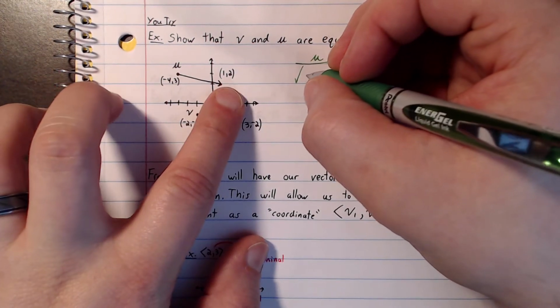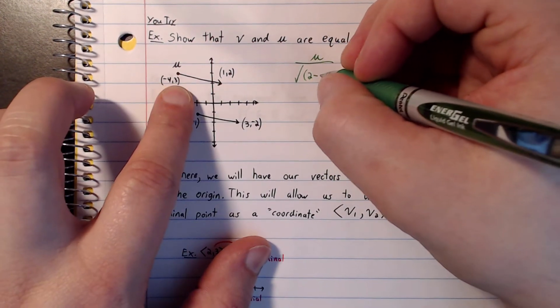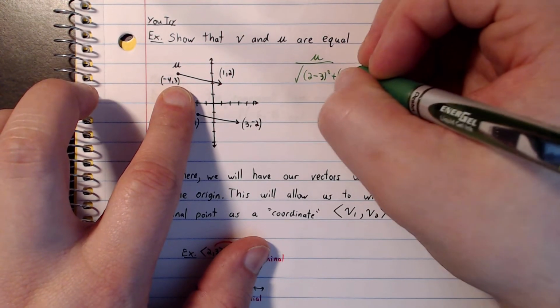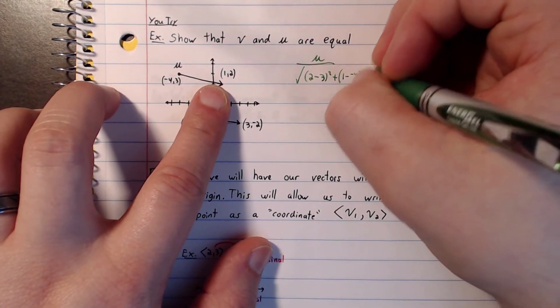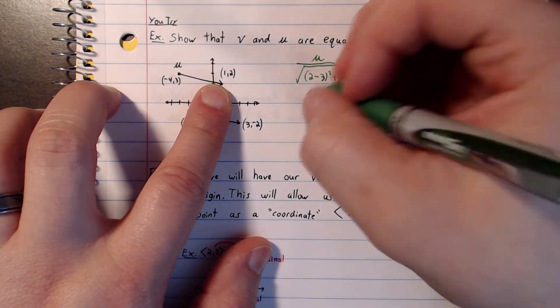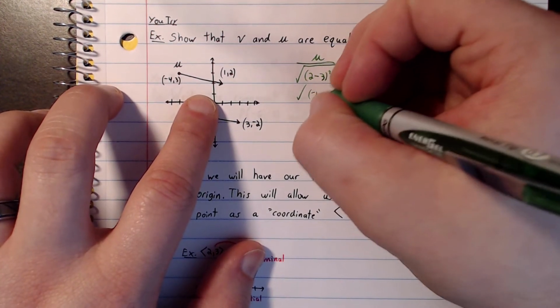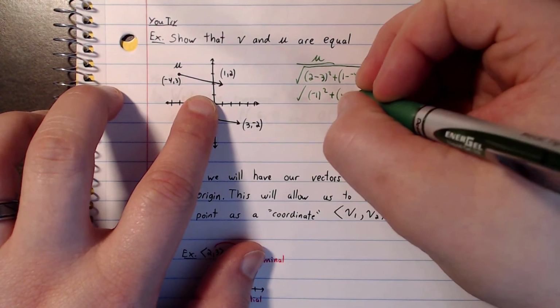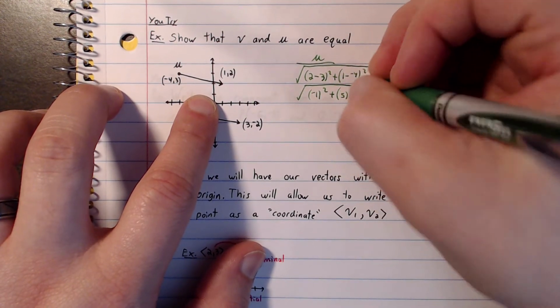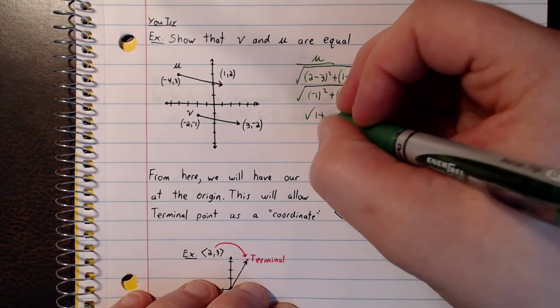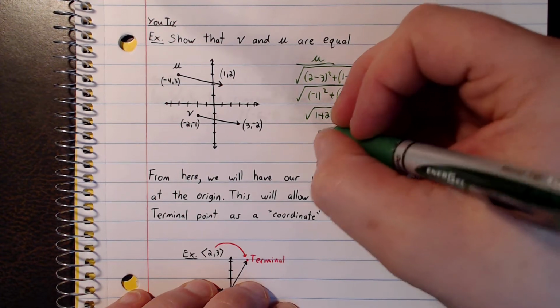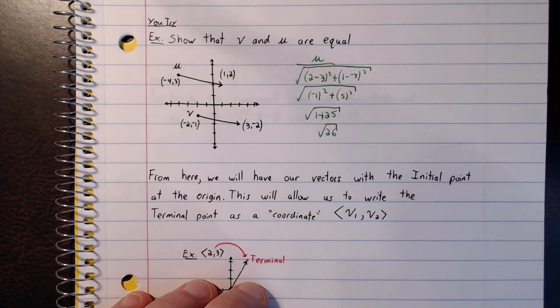Right, so 2 minus 3 squared plus 1 minus -4 squared, so that's 1 plus 25, which is square root of 26.